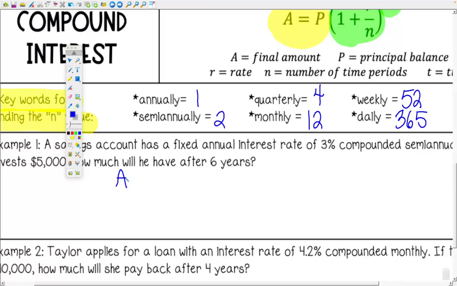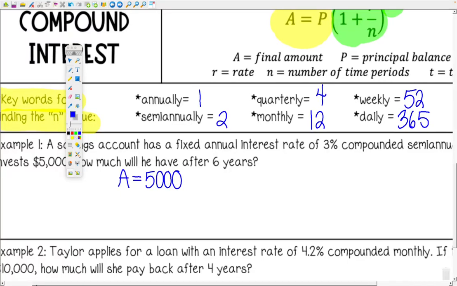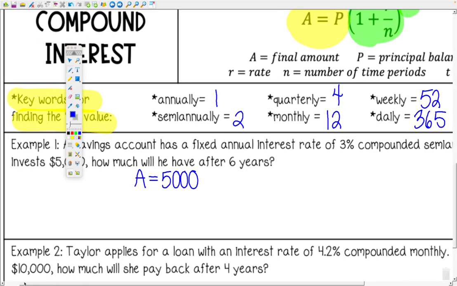And the final amount is the A equals, the principal was 5,000. What I'm going to do this time, since there's a little bit more to look at, is write down the R, the N, and the T. We already know the principal amount was 5,000.